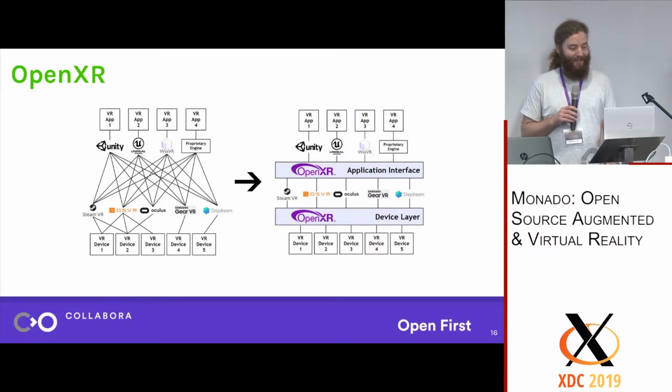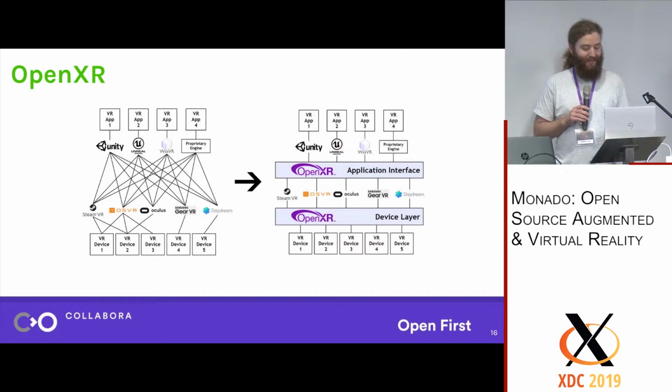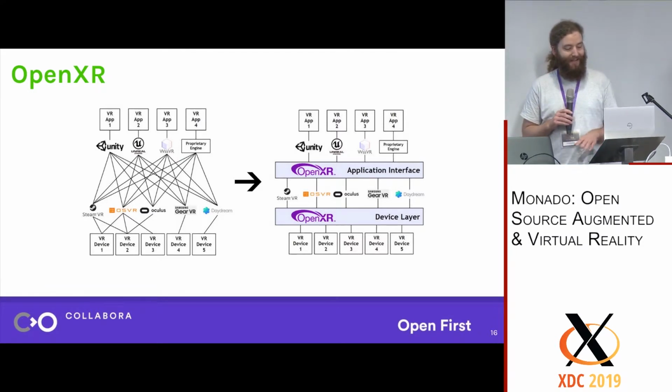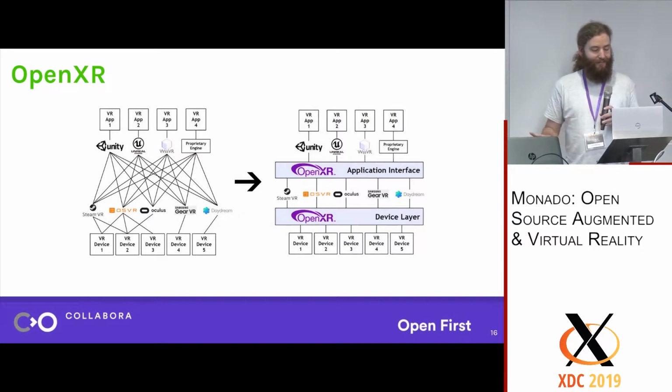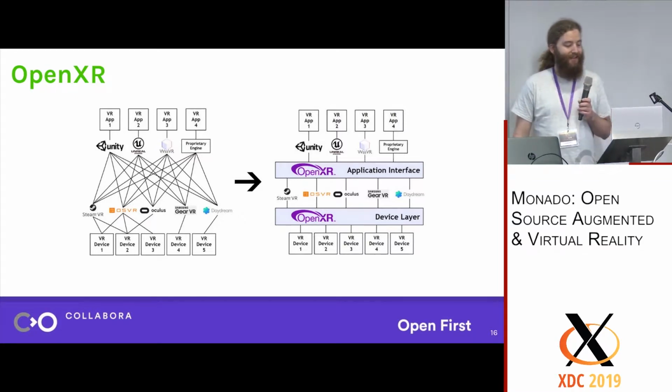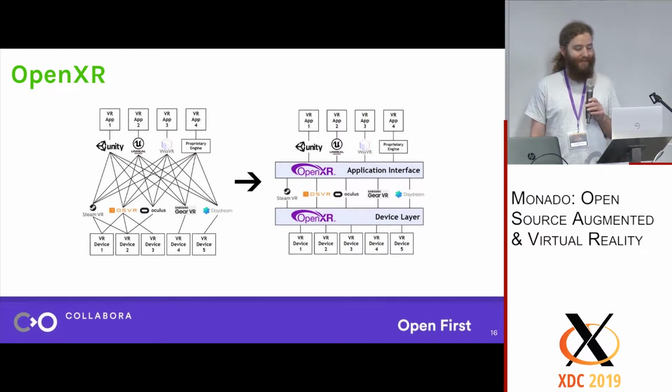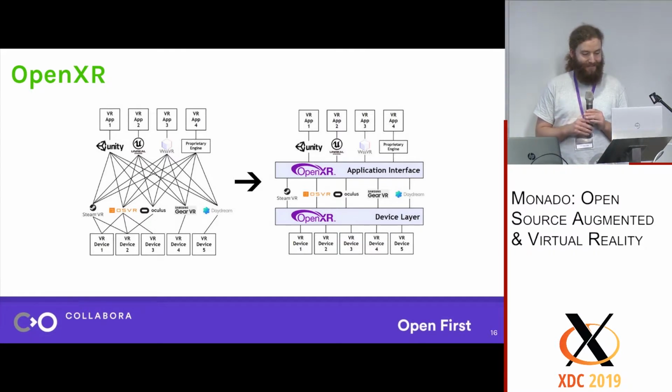And before OpenXR, every engine had to add support for every runtime that exists. Part of the issue is that most runtimes only support certain devices. So if you have an Oculus Rift, you need the Oculus Rift runtime, and the application you want to run also has to support the Oculus Rift runtime.